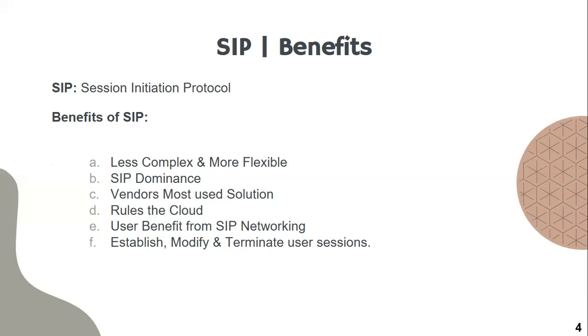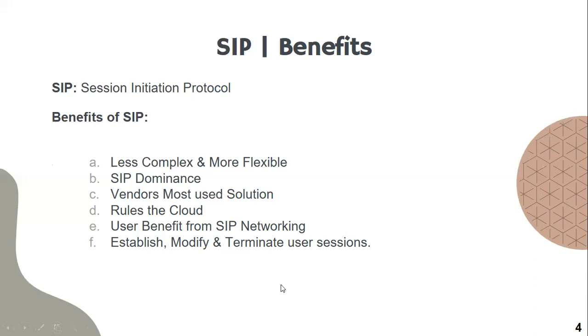At the same time, you need to attach the CSCF to your network by EPC, or Evolved Packet Core, which is the core in 4G. So you have to connect it by SIP, so it can understand the EPC. Since the vendors' most used solution is now SIP, it is forcing the mobile operators to use the SIP protocol as the most used protocol.